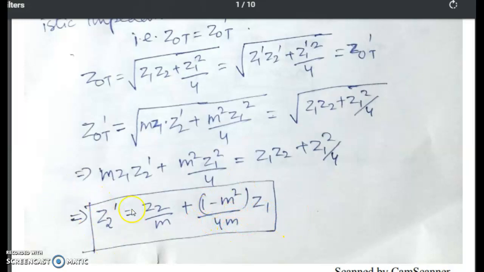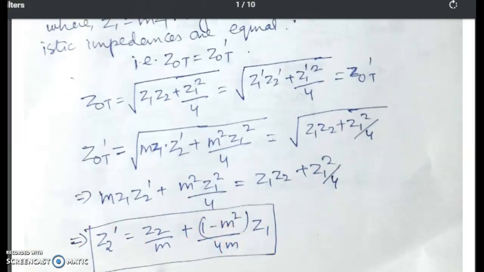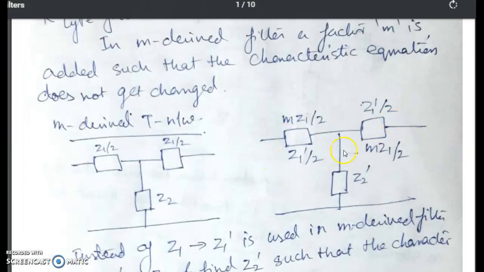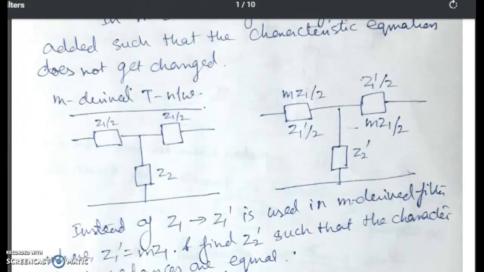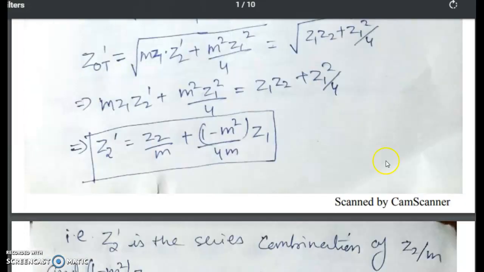That means this impedance Z2 dash, which is connected in the shunt arm of the M derived filter, is the series combination of two impedances, because impedances get added in series: Z2 upon M and (1 minus M square) upon 4M into Z1.